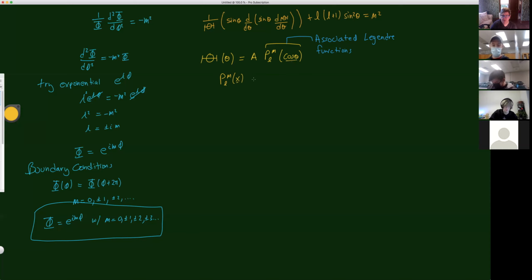This one's a cosine, but you can put anything in this spot. It is defined as 1 minus x squared to the absolute value of m over 2, times the mth derivative, and you have to put the absolute value on the m here as well, of the Legendre polynomials.